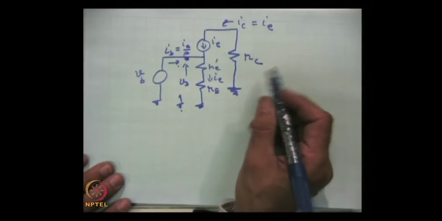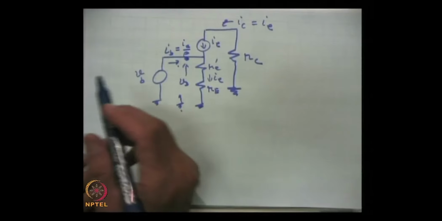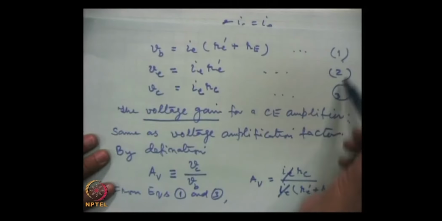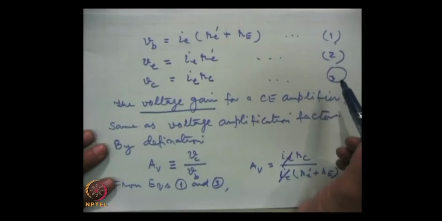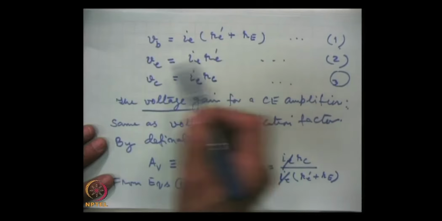Now, earlier we have derived, you will recall, equation 1, for example, here these 3 equations that we will be using in future analysis also. So, these are the 3 voltages.